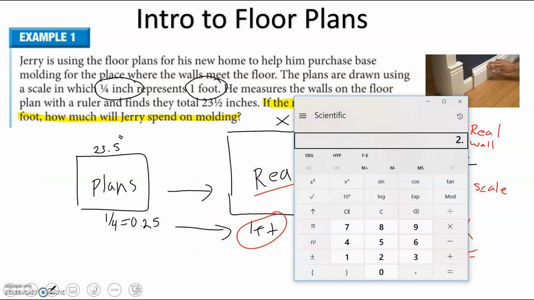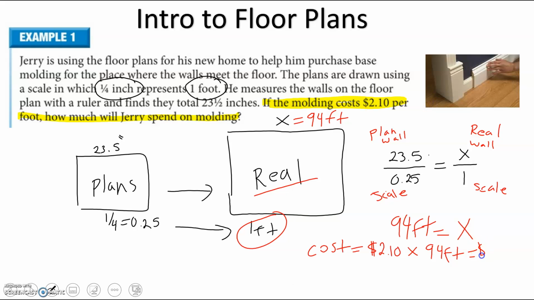We get $2.10 times the 94 feet of molding, and that's $197.40. So we will then say Jerry will spend $197.40 on molding.